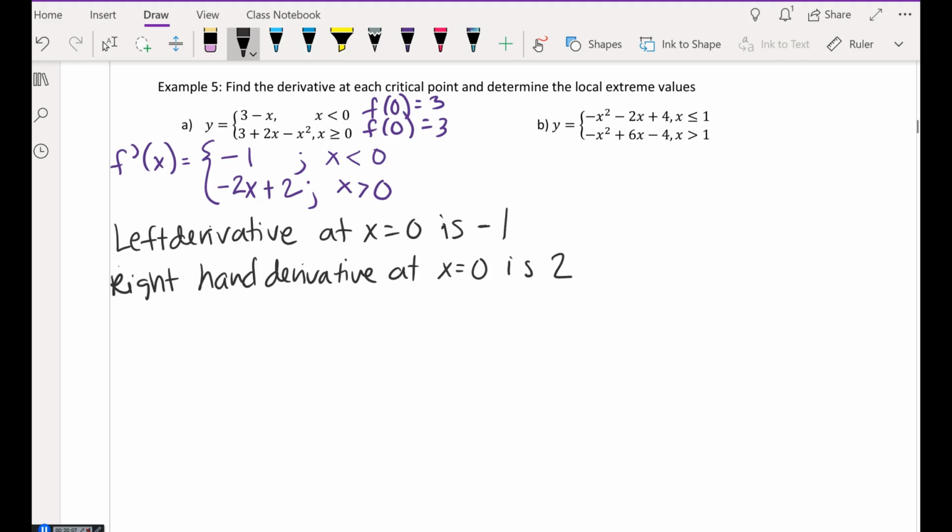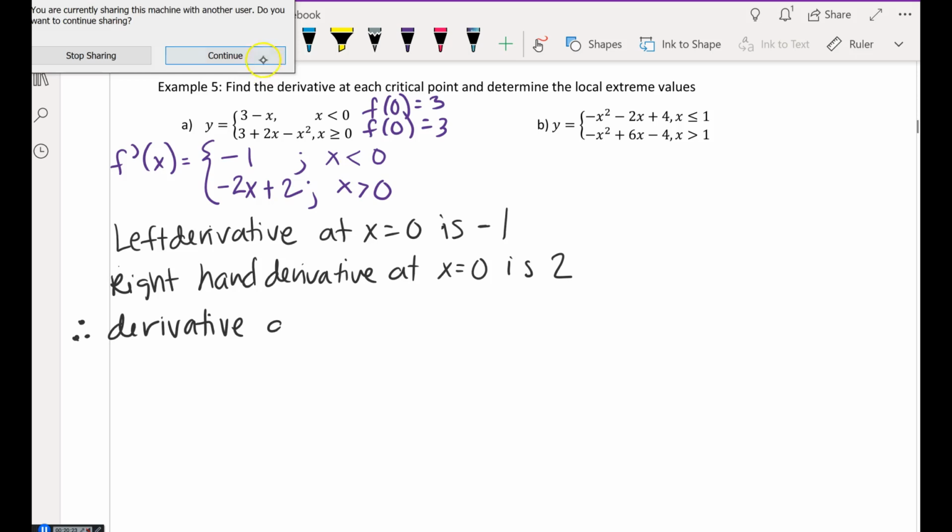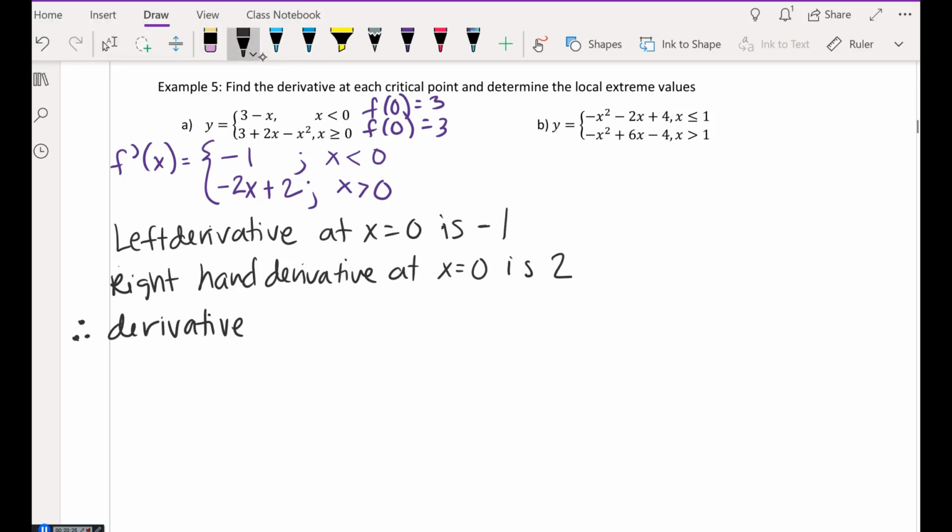Yes or no? So, does the derivative exist at x equals 0? No. Okay. Therefore, the derivative does not exist (DNE) at x equals 0. So that means it is a critical point. Okay.